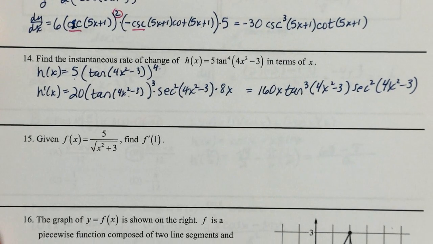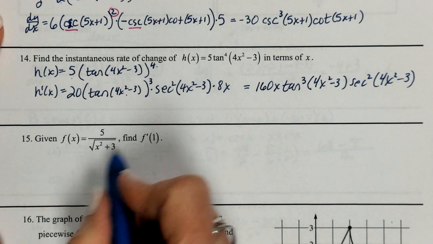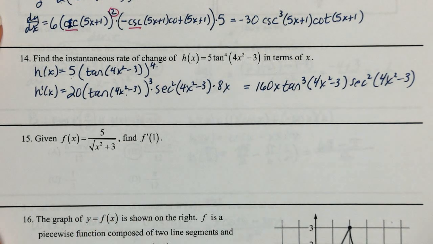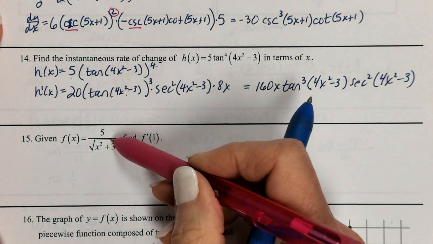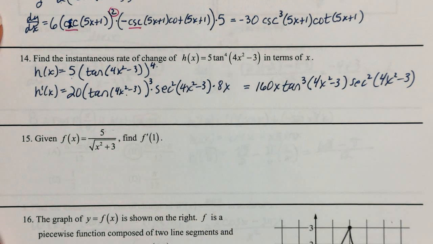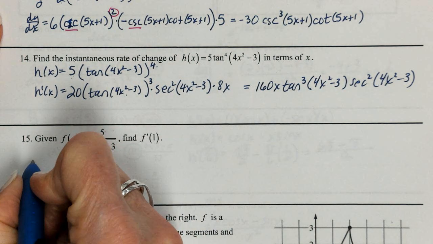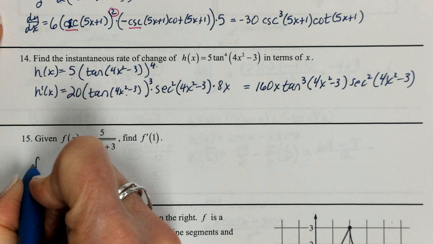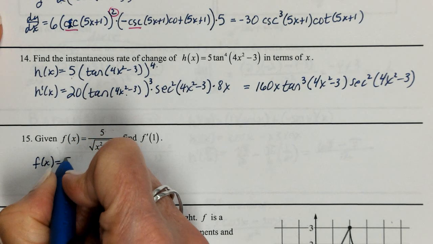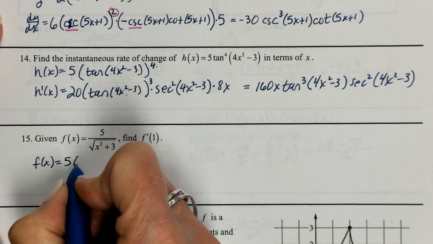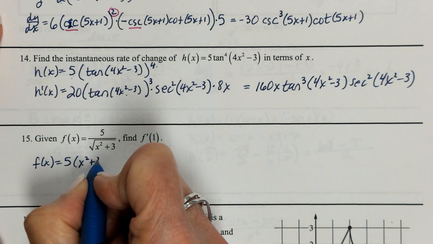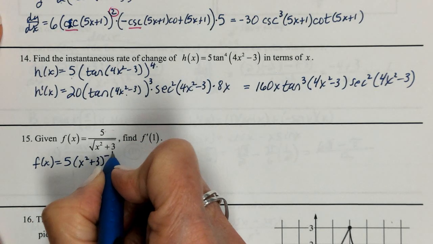Okay, number 15. All right, once again, we could use the quotient rule, but since it's only a 5 up on top, I am not going to use the quotient rule. I am going to rewrite f as 5 times x squared plus 3 to a negative 1/2 power.